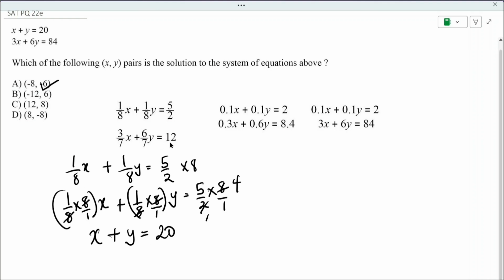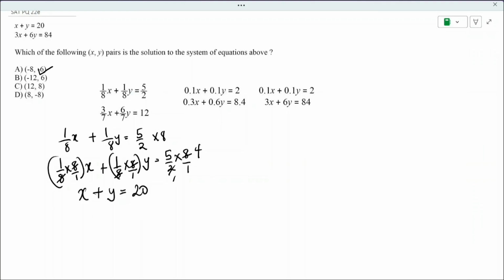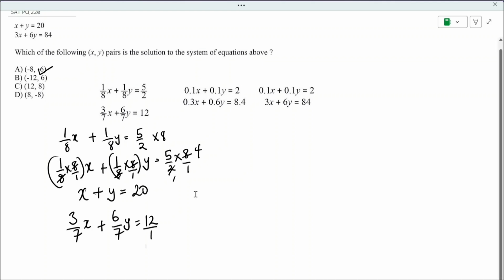We'll do the same for equation 2. We have 3 over 7x plus 6 over 7y equals 12. You can make this 12 over 1. Then the LCM of the denominators, which are 7, 7, 1, is 7. So you multiply the equation by 7.